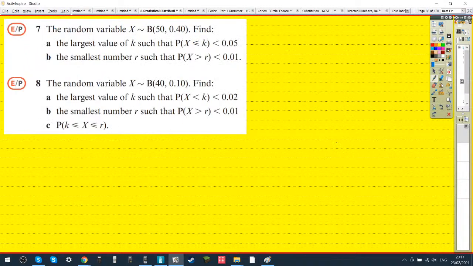Let's see. Okay, how about these? So we want a number that's less than 0.05 again. Yeah.